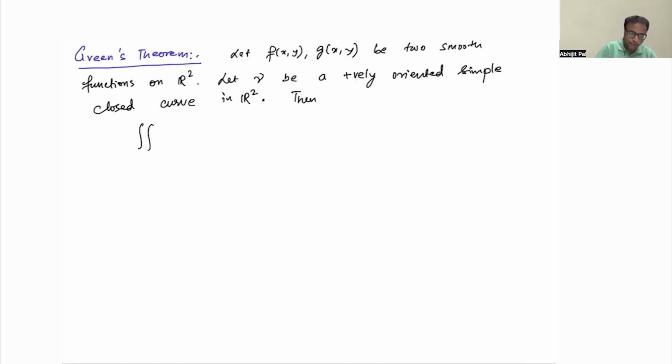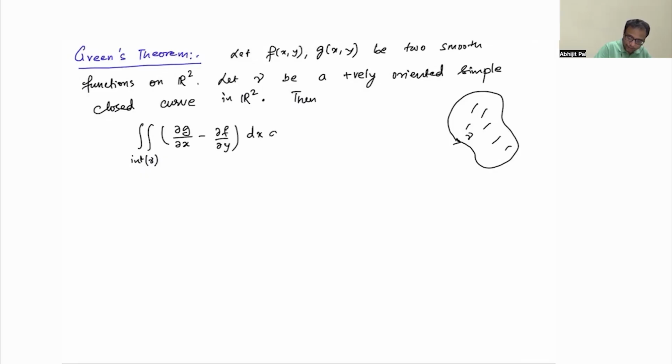If you take the double integral over this region, with the orientation I have taken, of the partial derivative of g with respect to x minus the partial derivative of f with respect to y, dx dy, this will be equal to this line integral. So this is Green's theorem.